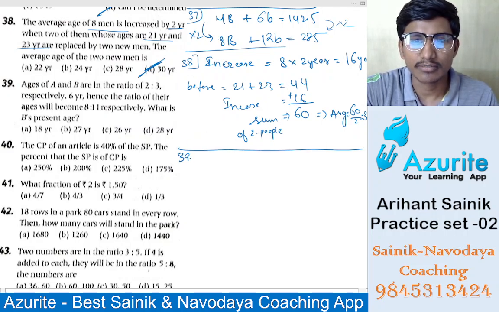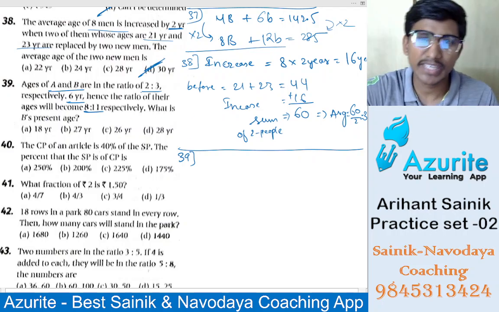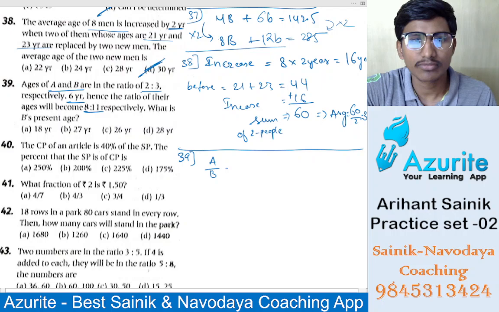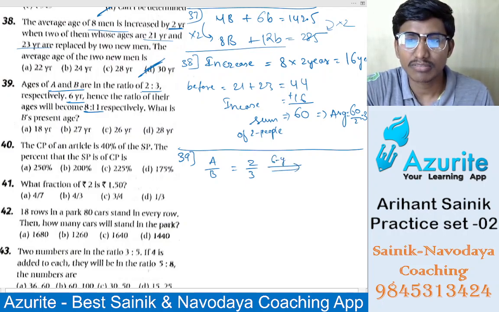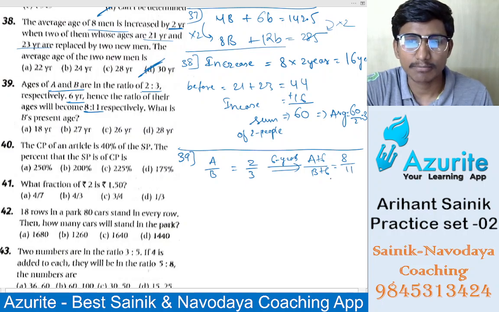Next, question 39. The ages of A and B are in the ratio 2:3 respectively. 6 years hence, the ratio of their ages will be 8:11. What is the present age? Now, if you take the present ages, A and B are in the ratio 2:3. 6 years hence, A plus 6 and B plus 6 will be in the ratio 8:11.